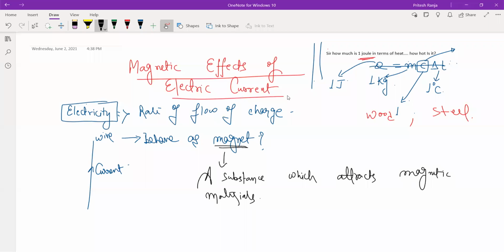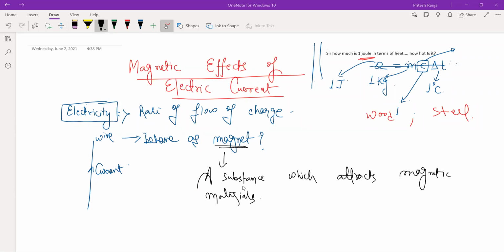That's very specific to define a magnet. Or we can say any substance which is magnetic is a magnet, because of course a magnet will not be able to attract non-magnetic substances.